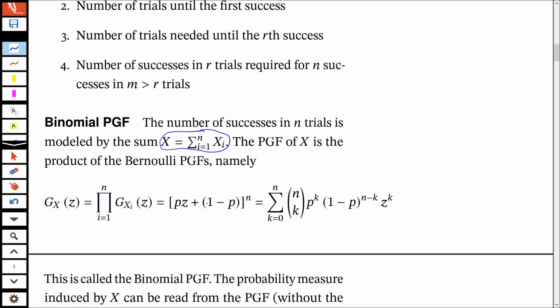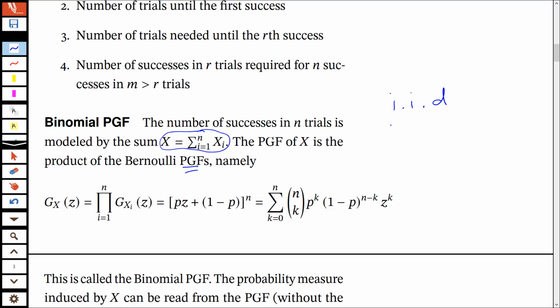Now this is not just a sum of any random variables. These are all independent, identically distributed random variables. What that means is that I know a result from our previous lecture. If I can work out the PGF of this new random variable X, then I know everything about it.